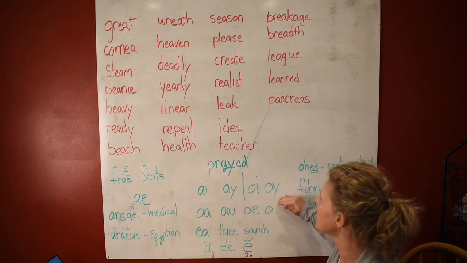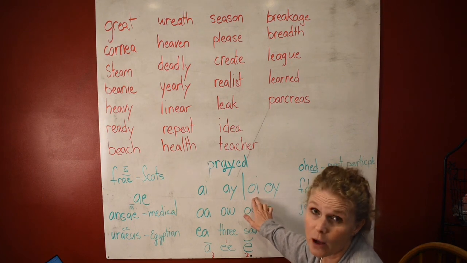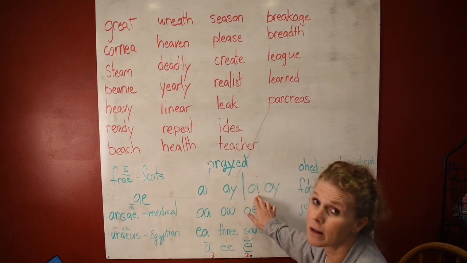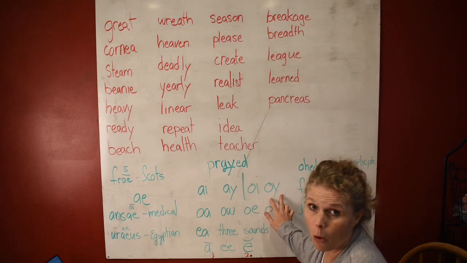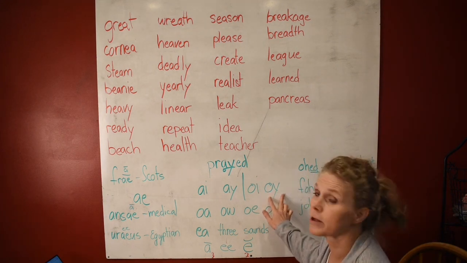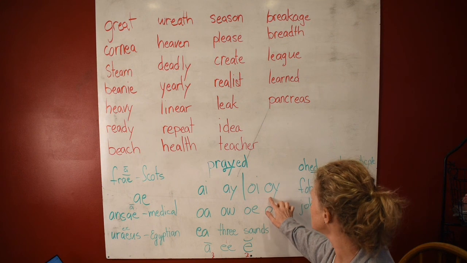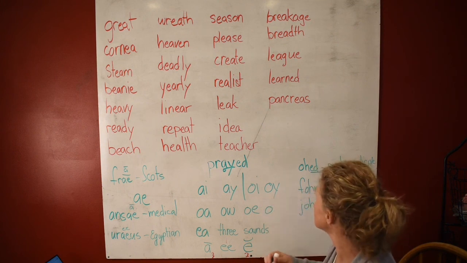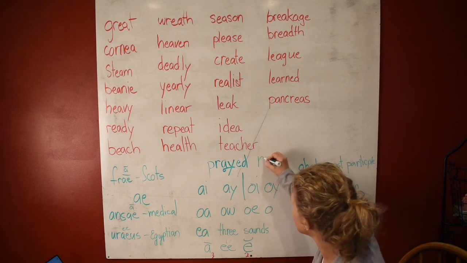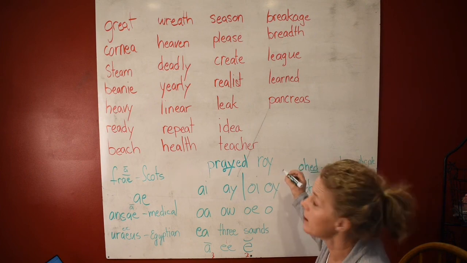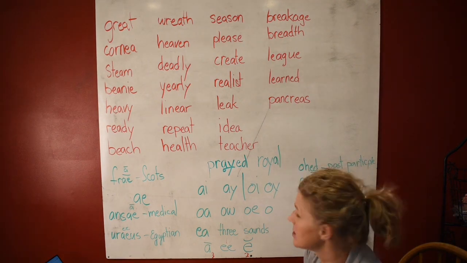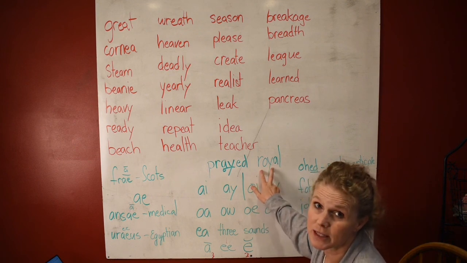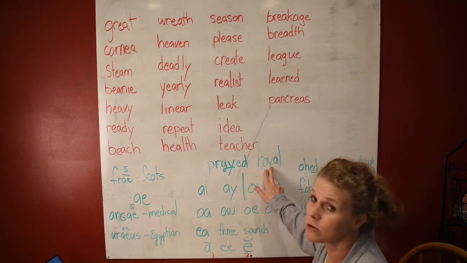It's the same thing right here where you have oi, like oink, that's in the middle of a word. And then we have oy, like boy, at the end of a word. And you don't change this vowel team. So if you look at this word, Roy, which means king, and then you add on your suffix al, yeah, you have this in your base word.